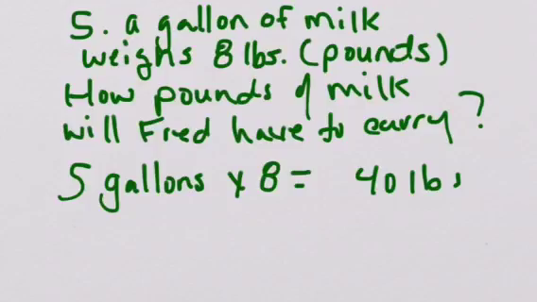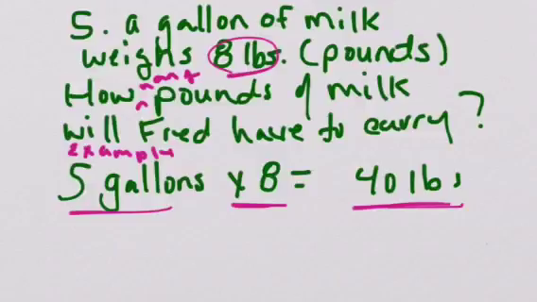Okay, for number 5, the question was a gallon of milk weighs 8 pounds. Oh, I forgot the many here too. How many pounds of milk will Fred have to carry? And this is an example. Here we take 5 gallons, because that's what we figured out in the last problem, times 8.